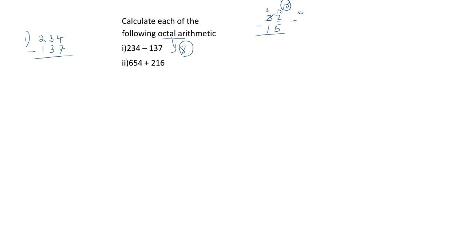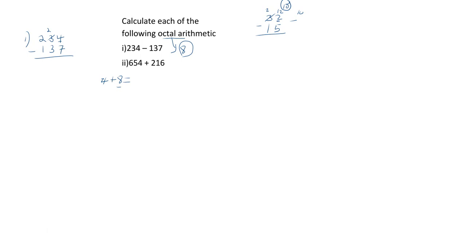So we are going to borrow 1 from 3. We remain with 2. But when we bring it under the column of 4, we are going to have 4 plus 8, because that 1 is the same as 8.